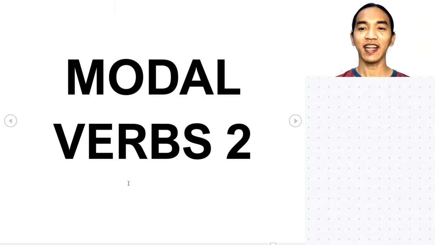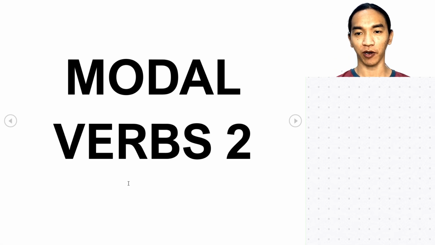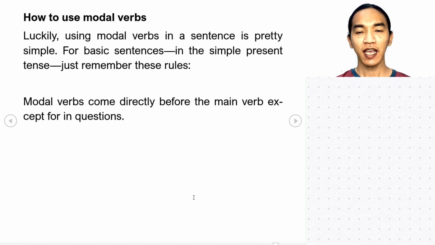Let's go. So, for today's discussion, let's talk about the second part of the modal verbs. Okay, so here, how do we use the modal verbs? Luckily, using modal verbs in a sentence is pretty simple. For basic sentences in the simple present tense, just remember these rules.